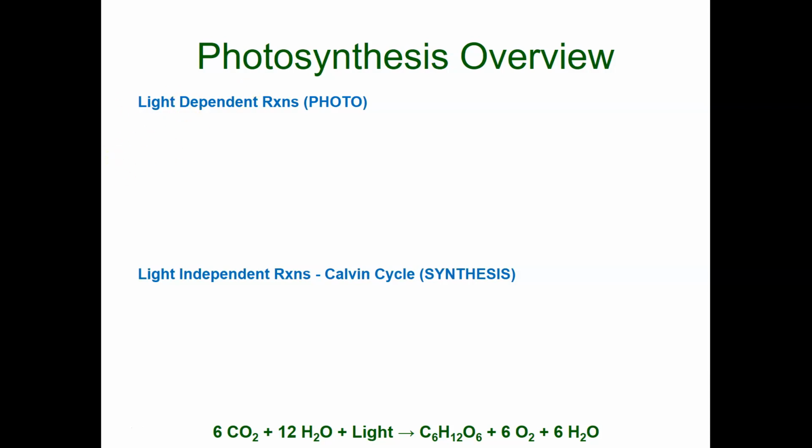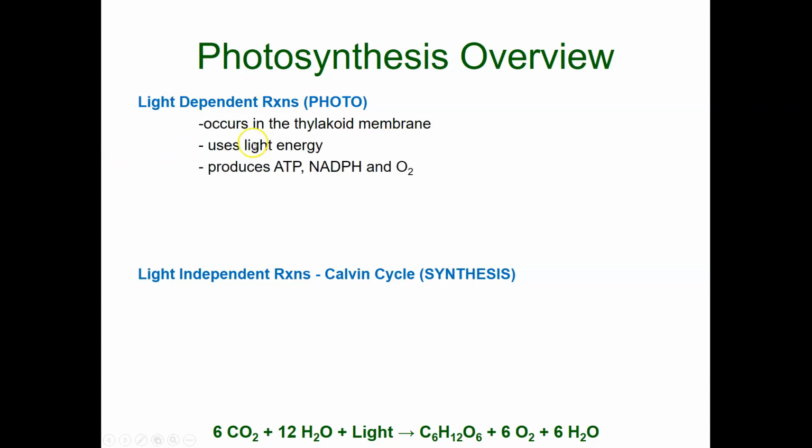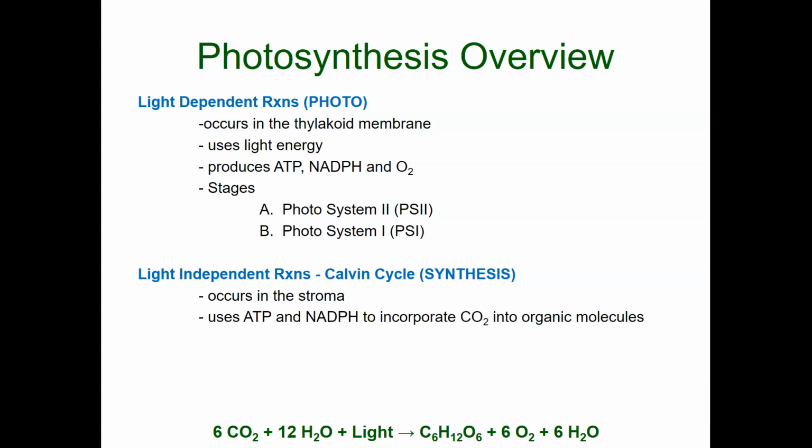And what we have already covered is how we are able to utilize light energy to make ATP, NADPH, as well as oxygen. And this happened in several stages, utilizing photosystem 2, and then a subsequent reactivation of that electron with photosystem 1.